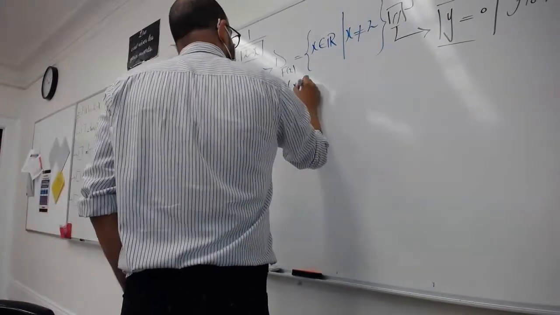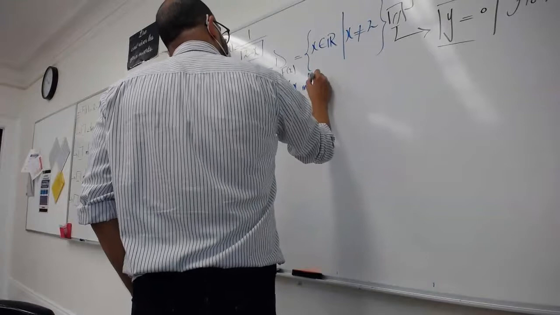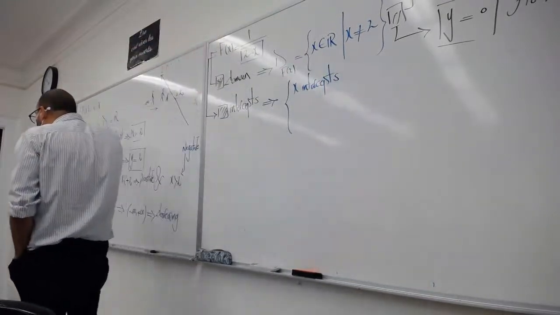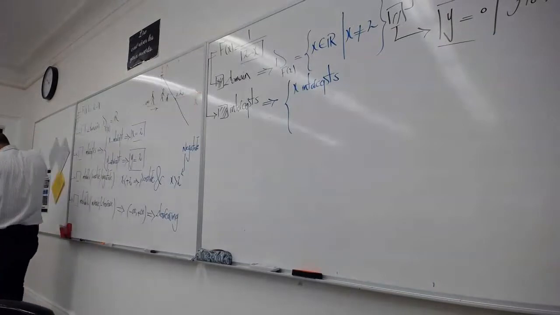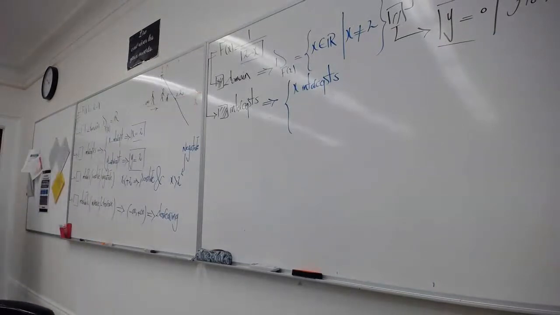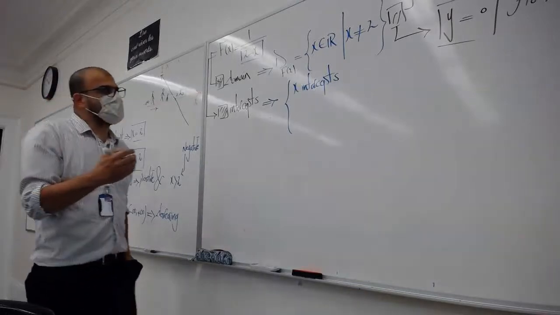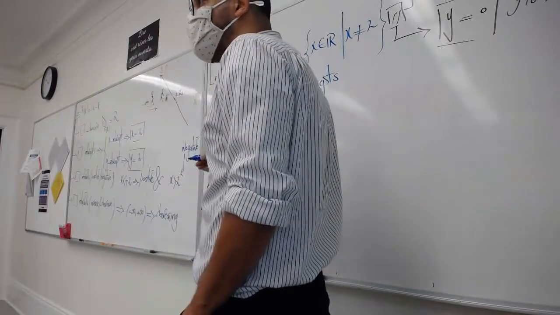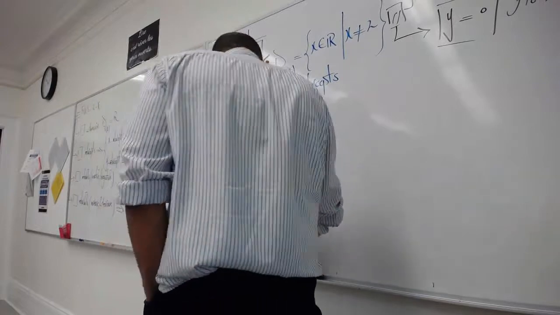X intercept means the point where it crosses the x-axis. As a result, it has a y which is 0. It means that in order to find the x-intercept, I put f of x equal to 0. Then I have to solve this equation.